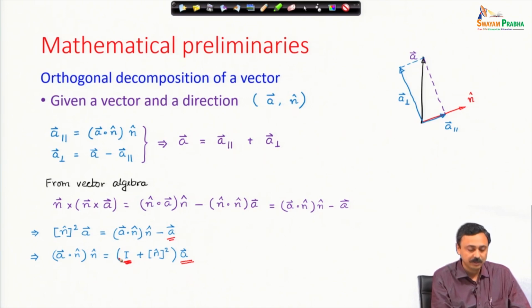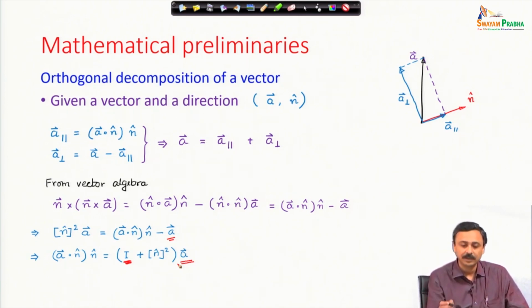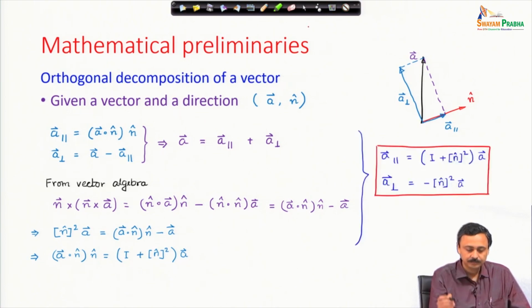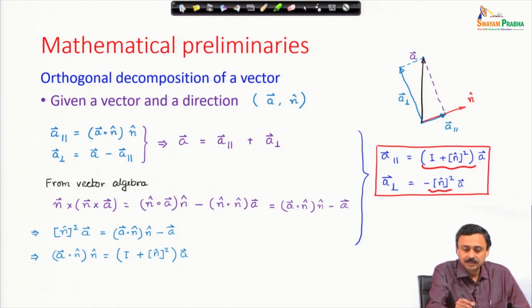Here also it must be a matrix, of course, and therefore A dot n times n must be equal to I plus the Rodrigues form of n cap whole squared, this whole multiplied by the A vector. Now I am in a position to write down explicitly A parallel and A perpendicular in terms of some matrix multiplied by A. This is the representation of the operator.